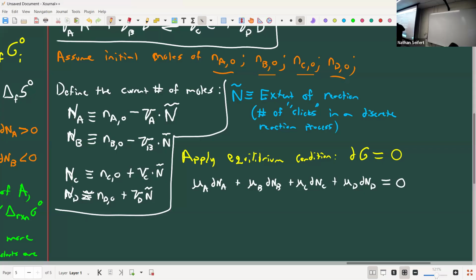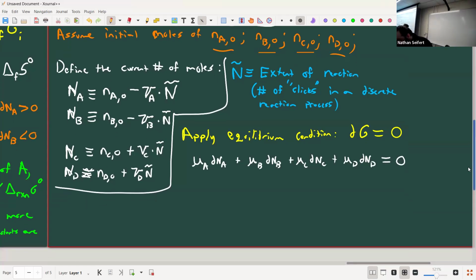So all we need to do is take a derivative of these formulas with respect to the extent and plug it into here. So let's do that.